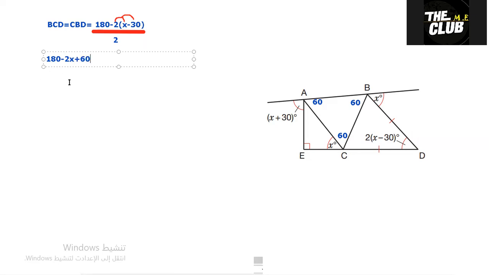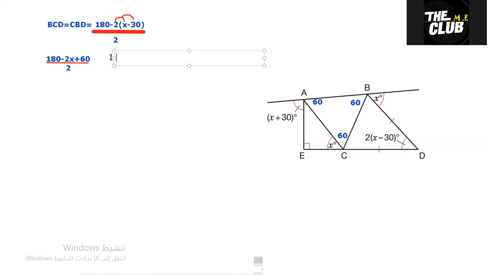And then all of them are divided by 2. I'm going to make a line so we know that this is divided by 2. I'm going to simplify more by adding the numbers together. So 180 plus 60 comes to what? Very good. 180 plus 60, let's do it here.